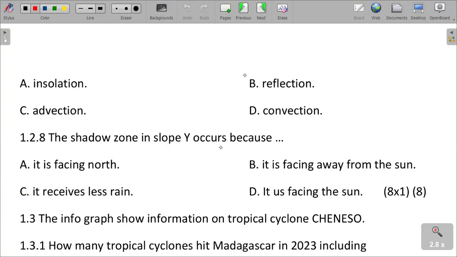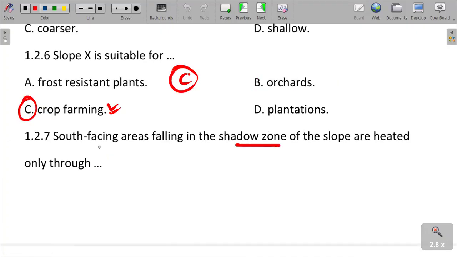They are in the shadow zone, so the reflection of heat is the one that helps them to be heated.